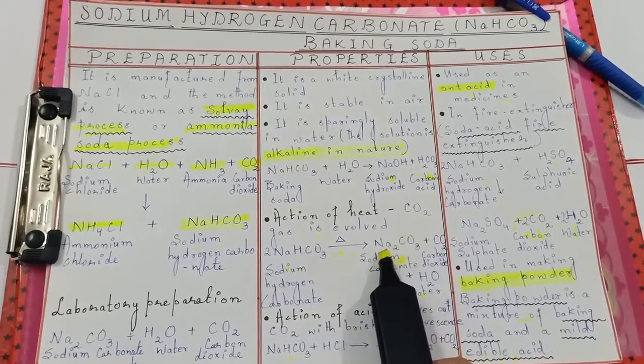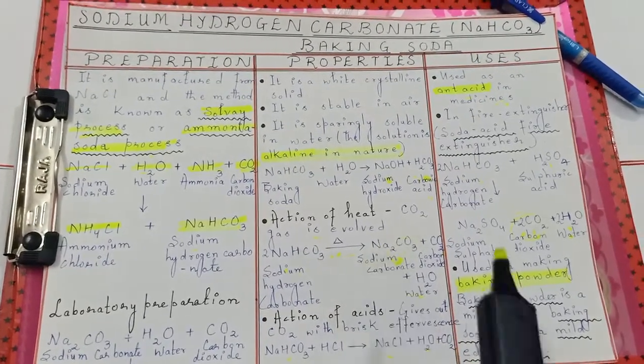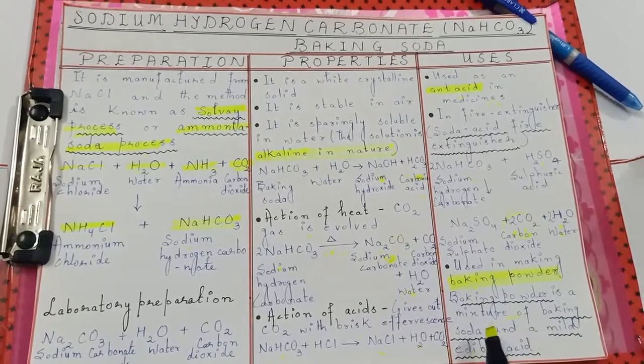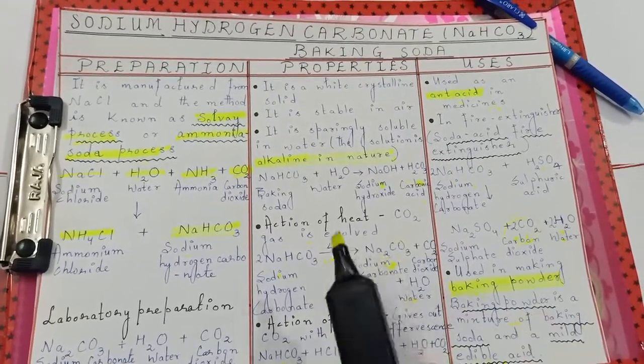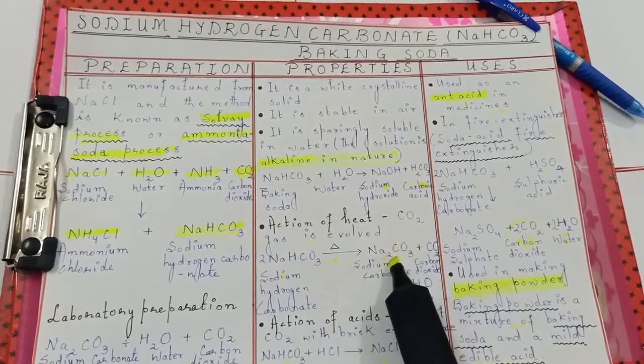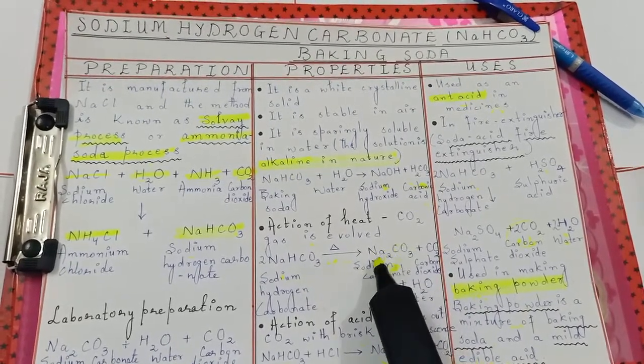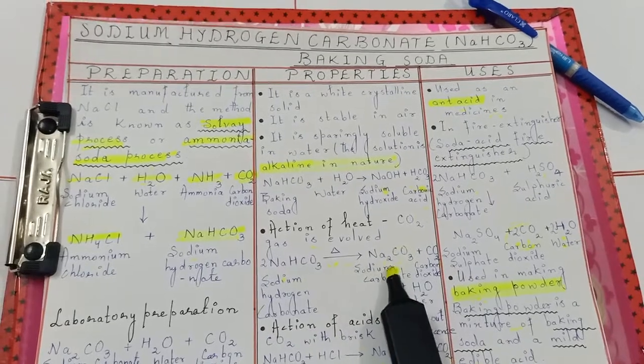And when this sodium carbonate is produced, it reacts with this mild edible acid, which is tartaric acid maybe, and that gives a very pleasant taste because sodium tartrate salt is formed in that case.